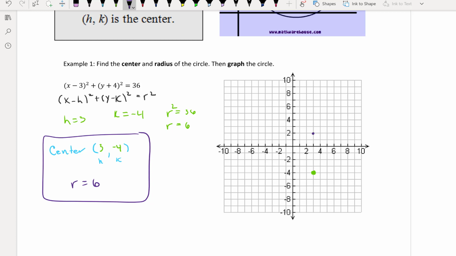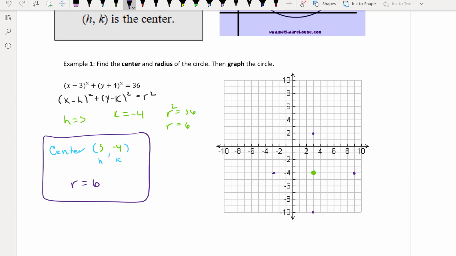I'm going to go down 6 from the center, to the right 6 from the center, and left 6 from the center. So now I have my up, down, left, and right from the center. Now I just have to connect those dots to go around as a circle.